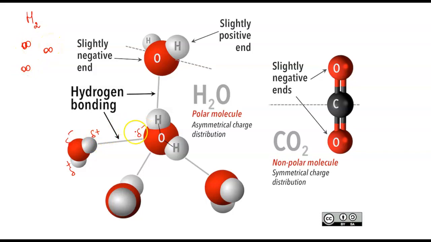Here we have hydrogen, which is delta positive, and a delta negative atom which is attracted to this hydrogen. That is hydrogen bonding. The presence of hydrogen bonding between molecules like water can have a large impact on the physical properties of a substance.